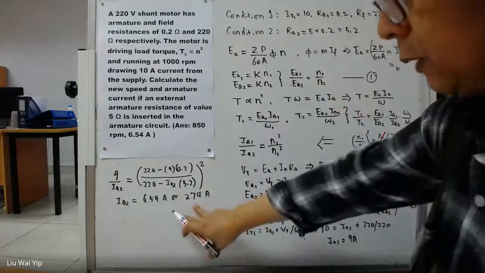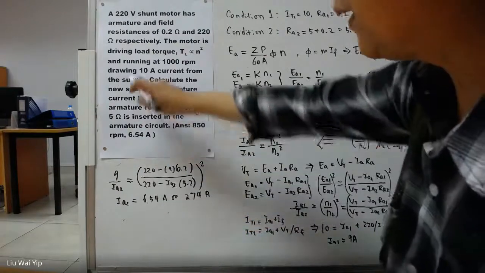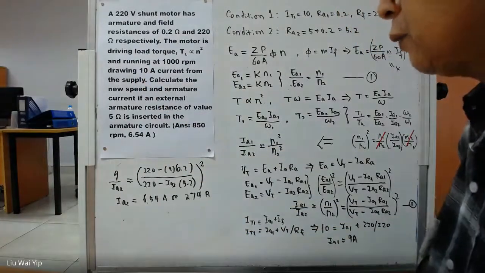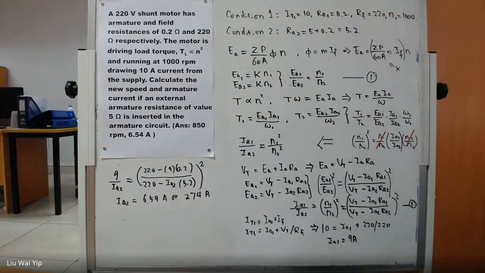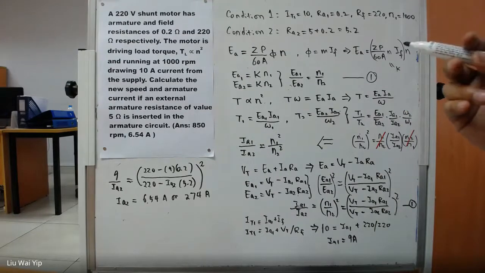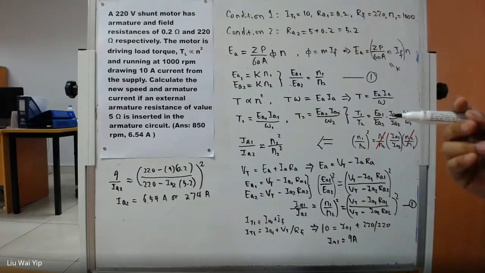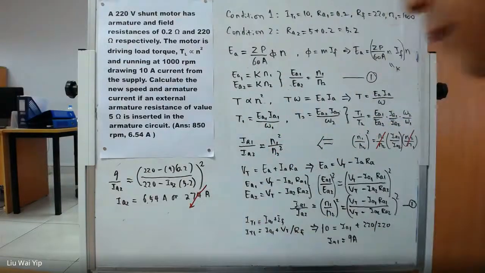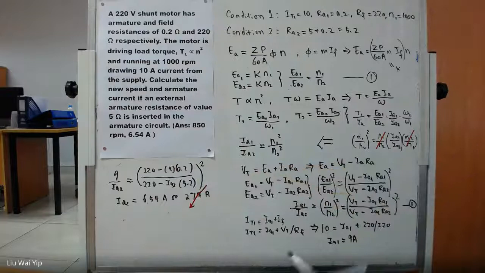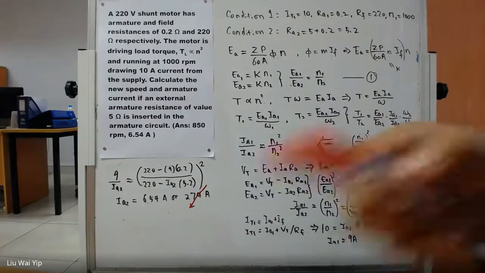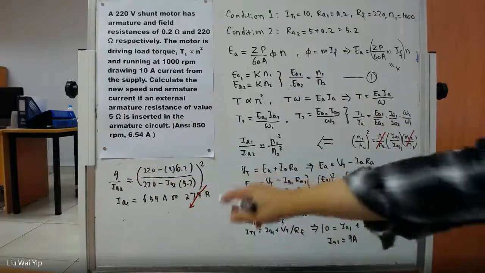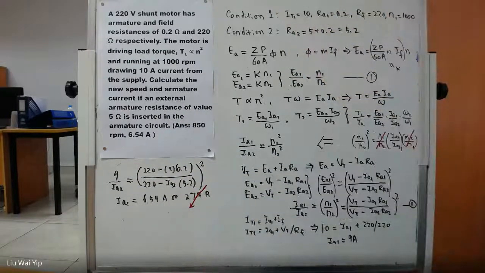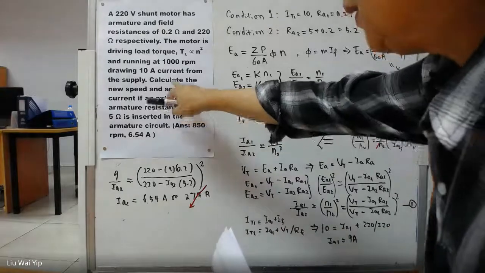But this value is way larger than 10 ampere, so it's not realistic. You wouldn't be able to end up with an armature current much larger than the supply current. So in this case, we can safely reject this answer. So this is the only answer left. Now you have this armature current, which is the answer to the question.